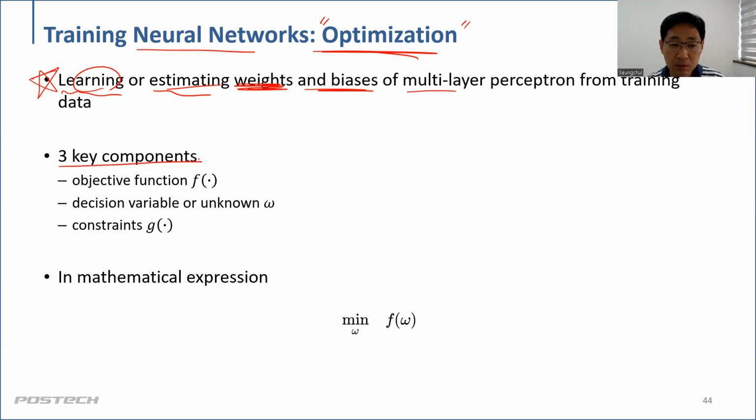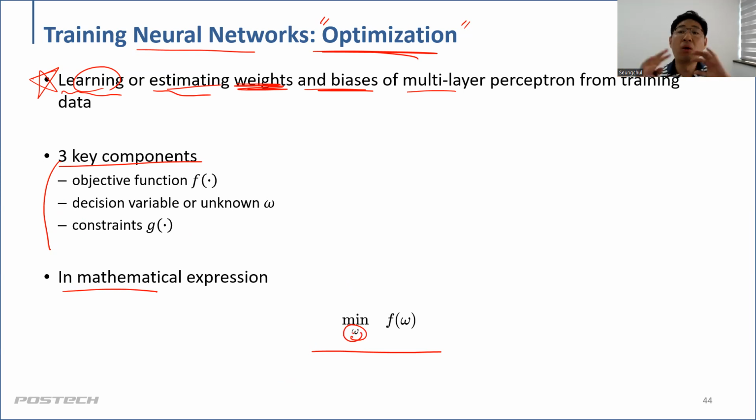In optimization, if you remember, there are three key components: objective functions, decision variables or unknowns, and constraints. We can have mathematical expressions for optimization like here. We're going to minimize something by changing omegas.